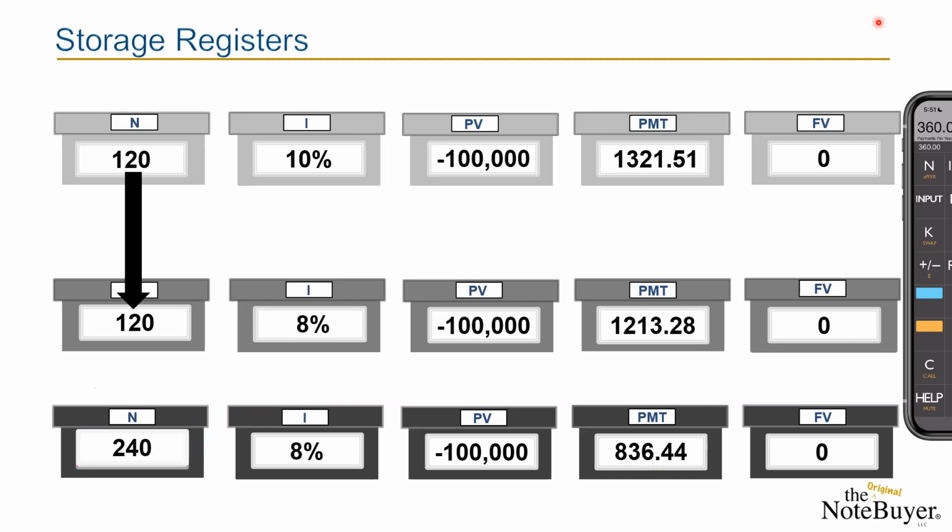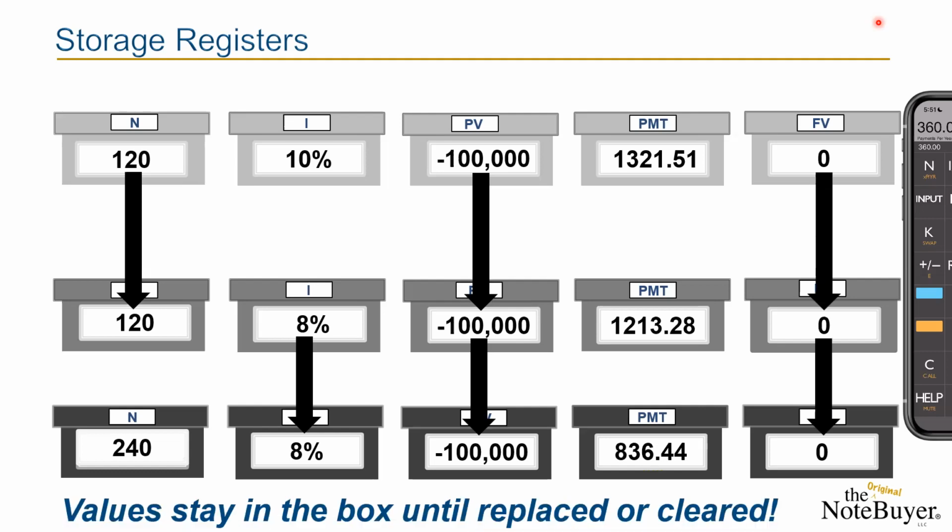But do you see? Notice here it was 120, but it changed. The 8 stays the same because we didn't change the interest rate. The loan amount did not change this whole time, so it stayed the same. And the end future value did not change. The only thing that changed was what we replaced, the 240 in N and the new payment amount.